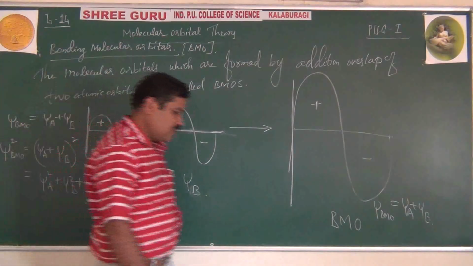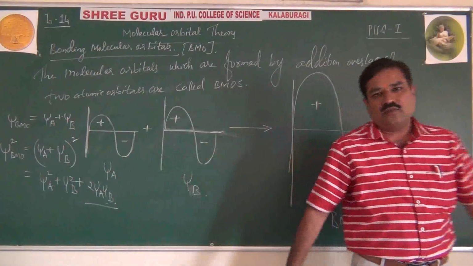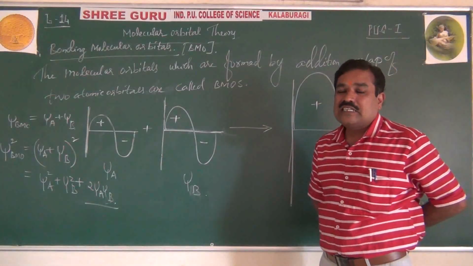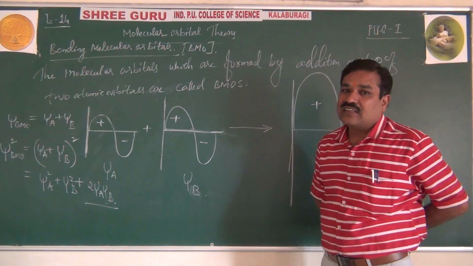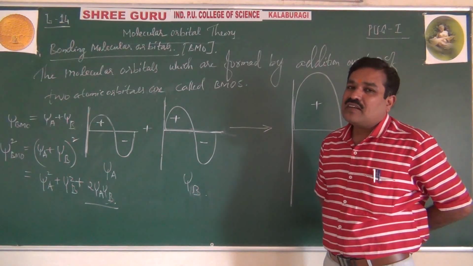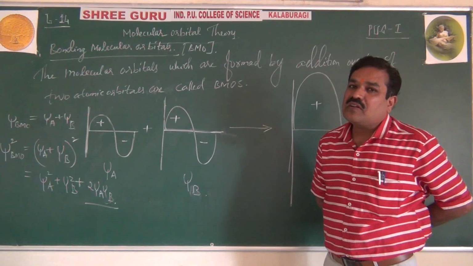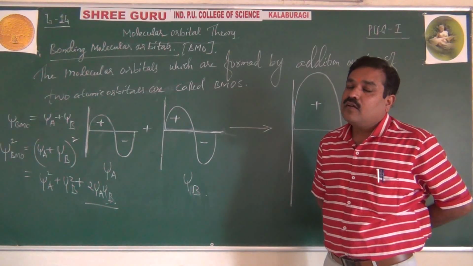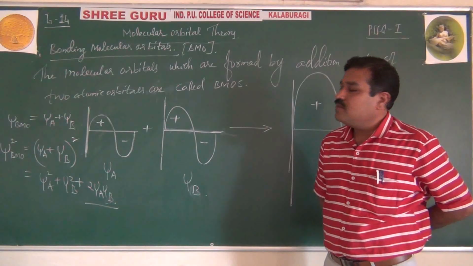This is the bonding molecular orbital, and remember students, bonding molecular orbitals have less energy and more stability. They may or may not have a node. But antibonding molecular orbitals compulsorily have a node. That's the main difference between BMO and ABMO.